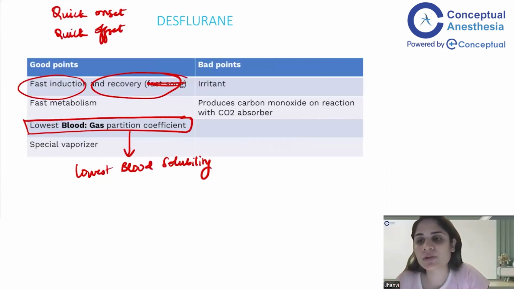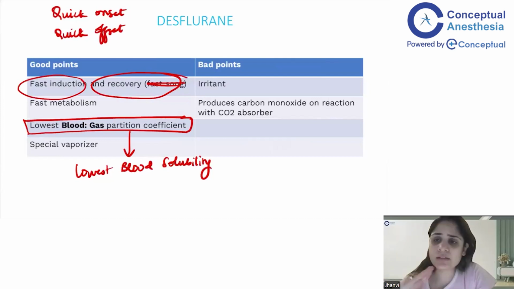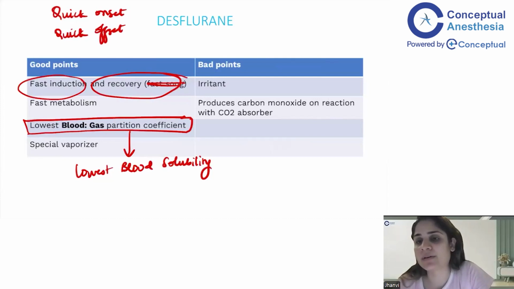That is because you're able to reach high partial pressures in the lung, and you're able to reach high partial pressures in the brain quickly if your gas is not very soluble in the blood. So in order to bring about induction of anesthesia which is quick, and also recovery from anesthesia which is quick, it is important that the agent has this low blood gas solubility.